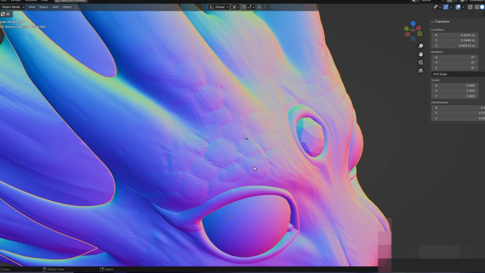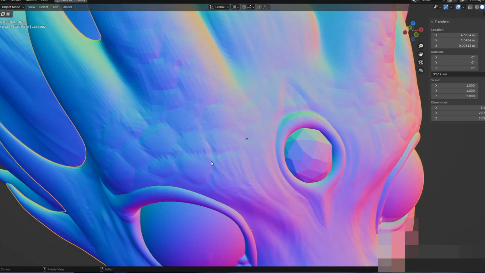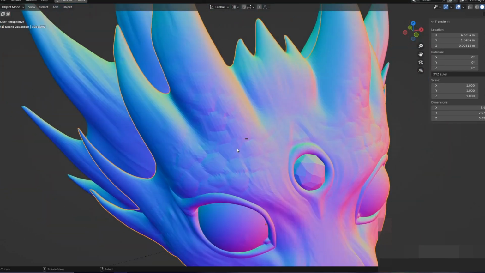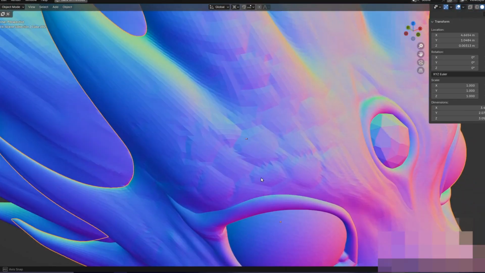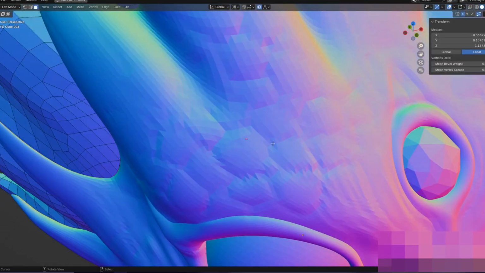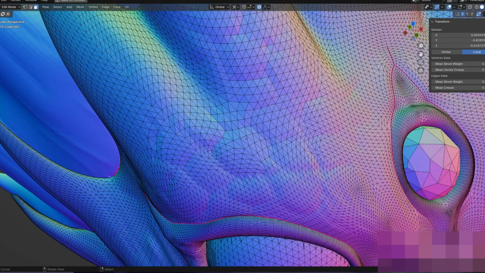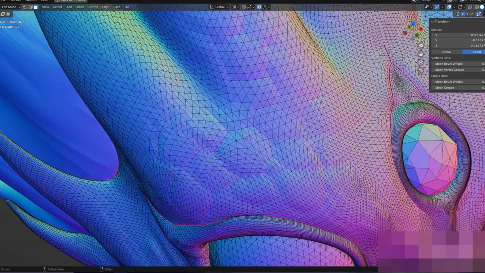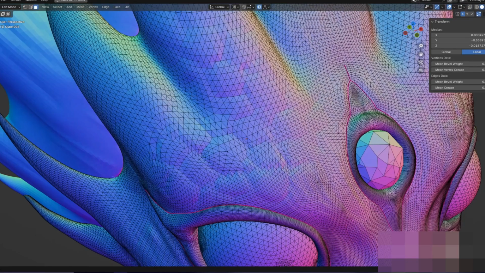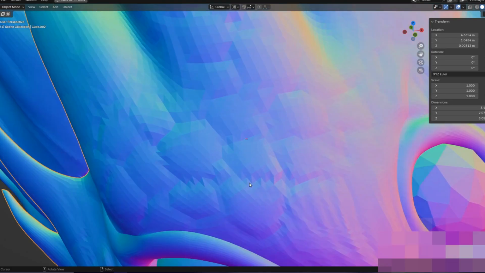If you contrast that with these lines that are supposed to be scales, the lines look very, very jagged, and there's no definition there because the topology doesn't follow the scales. So these lines are going over the grain, so to speak, of the topology of the model, and that results in these jagged edges.